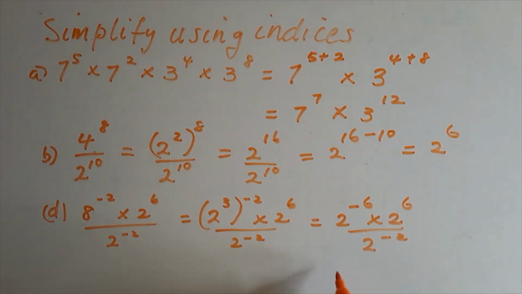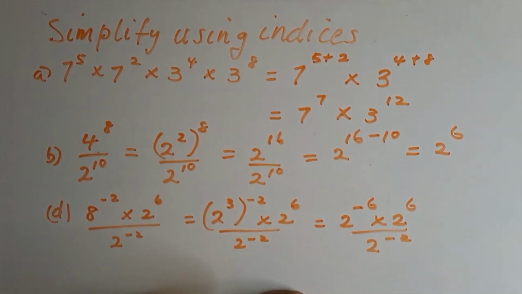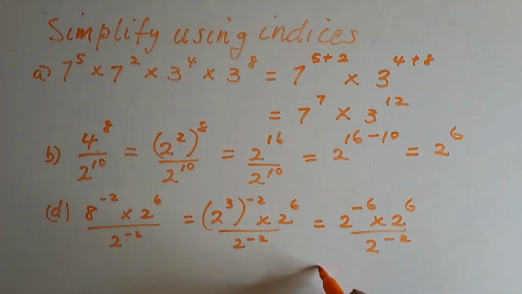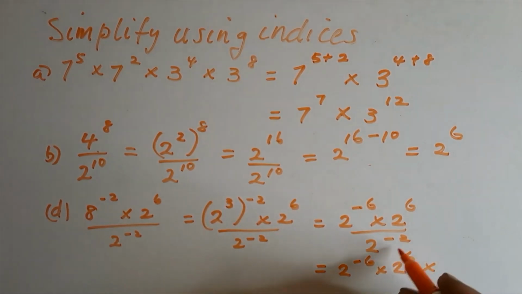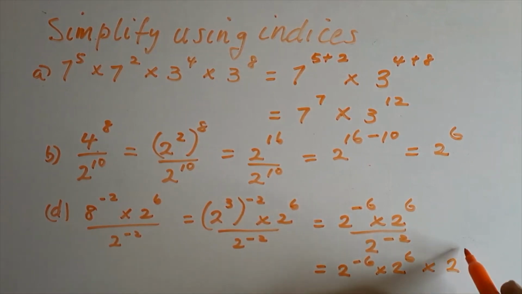Now next we'll take everything to the numerator. So we have 2 to the minus 6 times 2 to the 6 times, when this goes into the numerator, it becomes 2 squared.